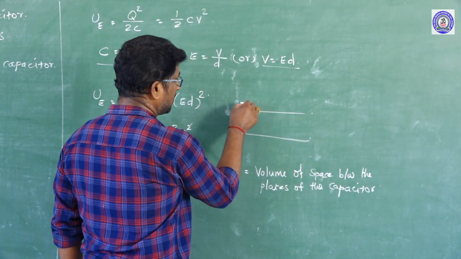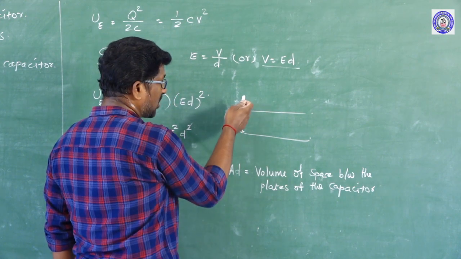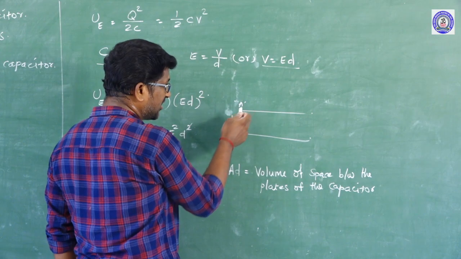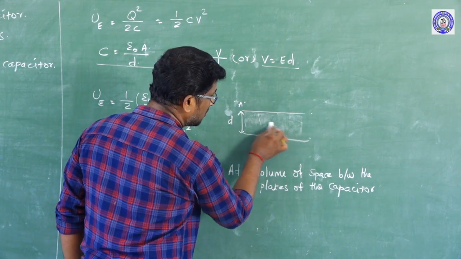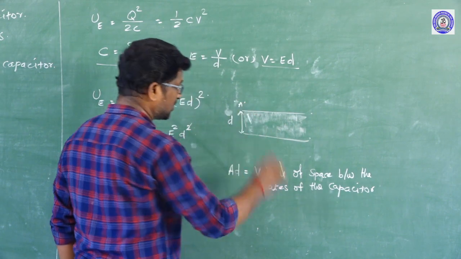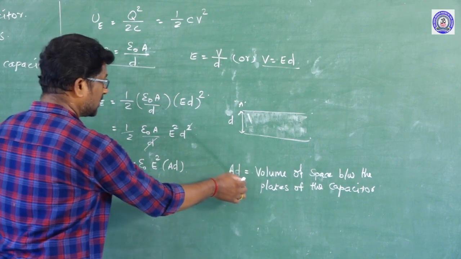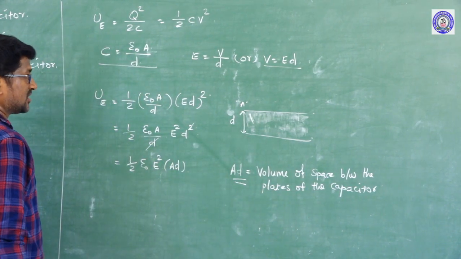Area of cross section of the plate is A and separation between the plates is d. The product of area of cross section and the distance between the plates gives the volume of the space between the plates of the capacitor. So this is the total volume of the space between the plates.